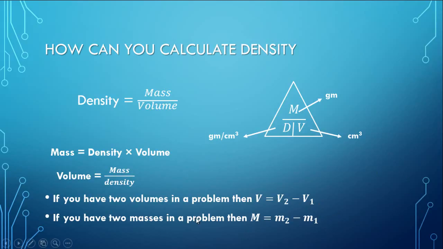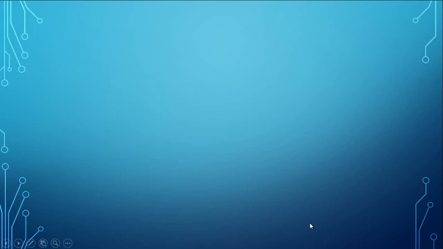And if we have two masses in a problem, then mass equals mass 2 minus mass 1.